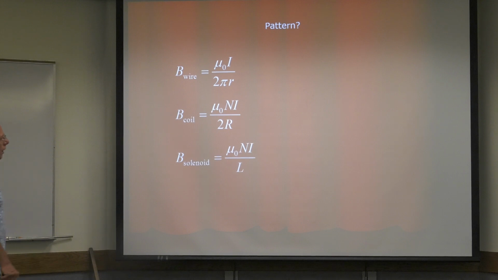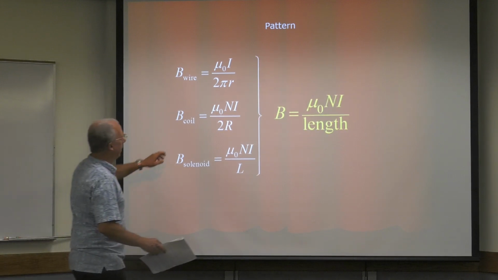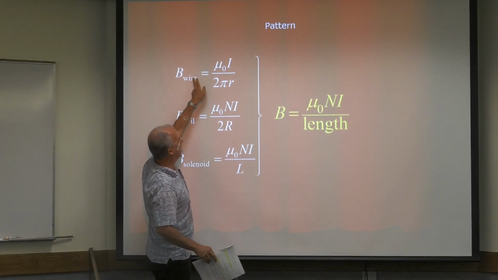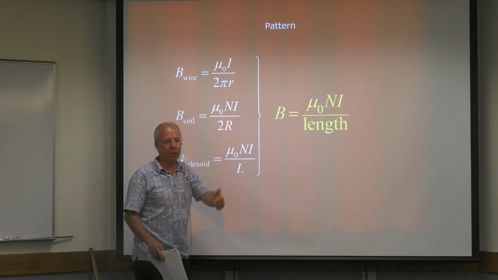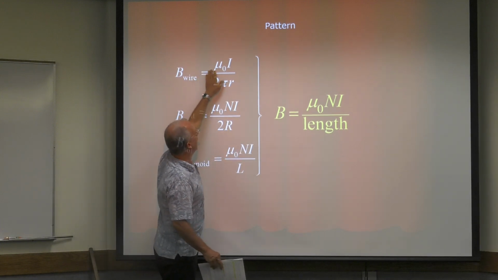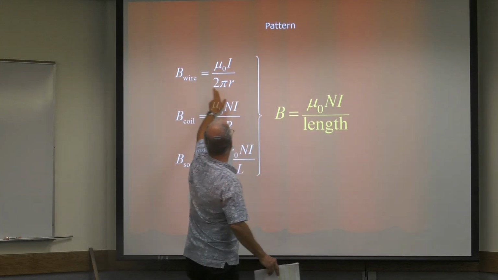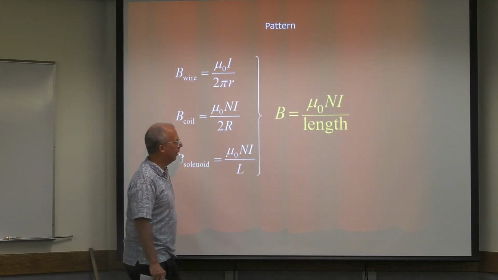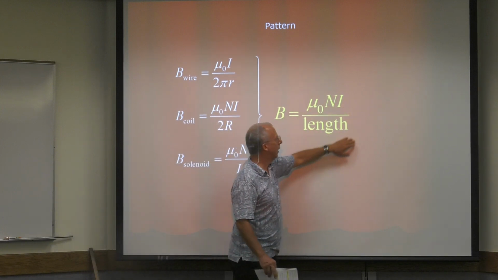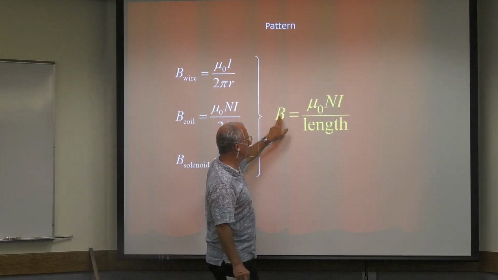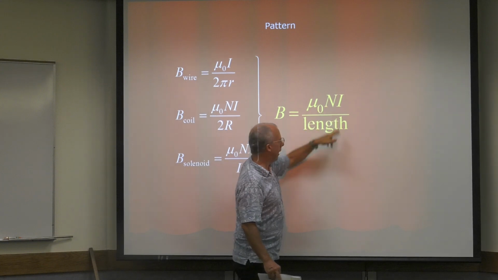Well, here you can put an N, but N is 1, it's only a single wire, right? So the numerator is always mu naught Ni. Mu naught Ni. And the denominator is always some kind of a length. So that's the pattern for these 3, right? B field, mu naught Ni over L.